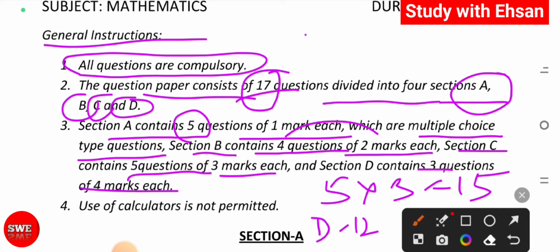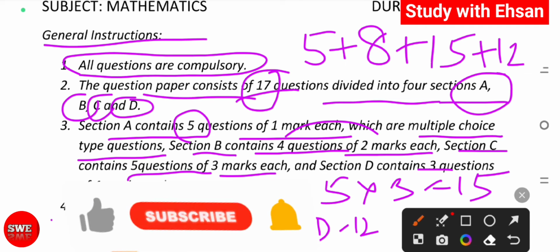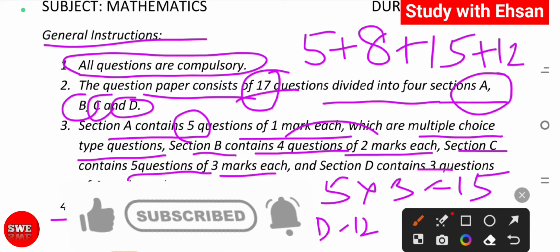That means section A 5 marks, section B 8 marks, section C 15 marks, and section D 12 marks. When you find the sum total of all these, there will be 40 marks. Yes, this question paper is of 40 marks. And instruction 4 is given: use of calculator is not permitted.